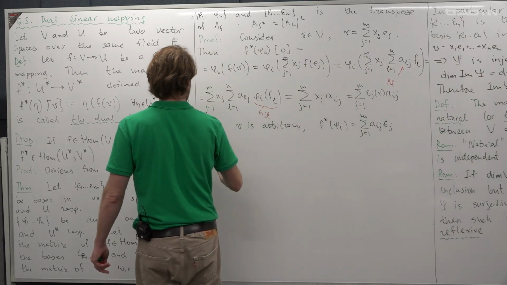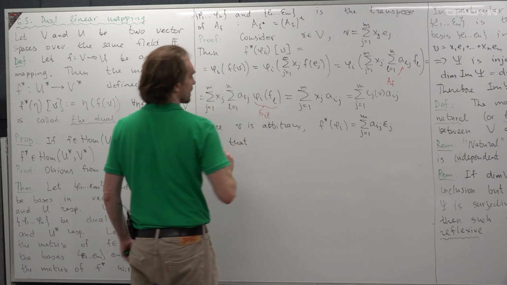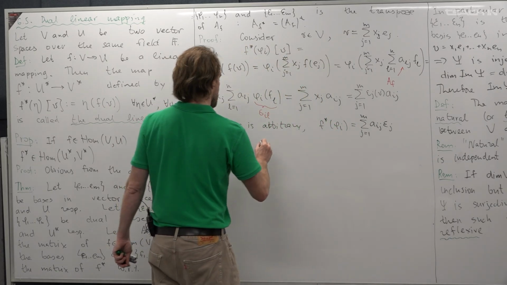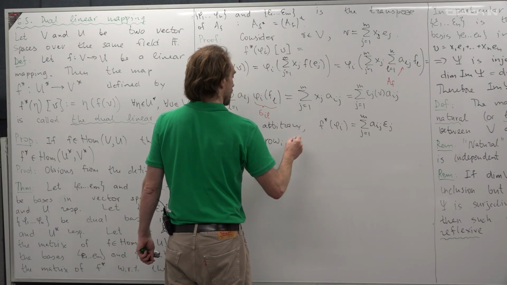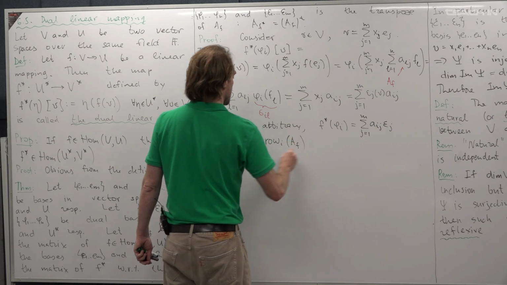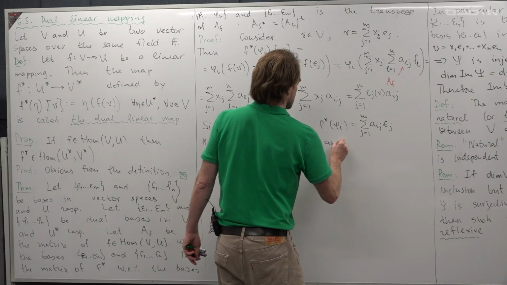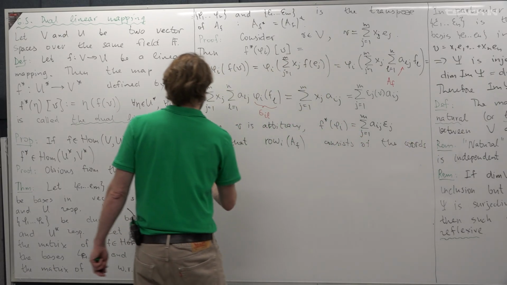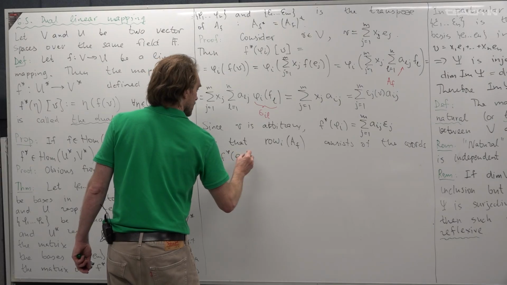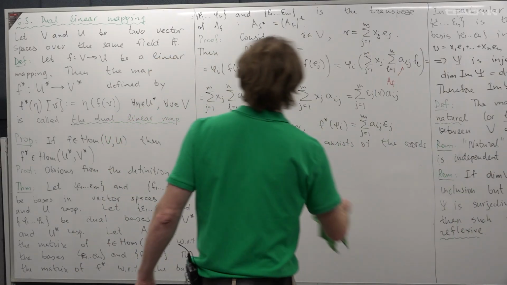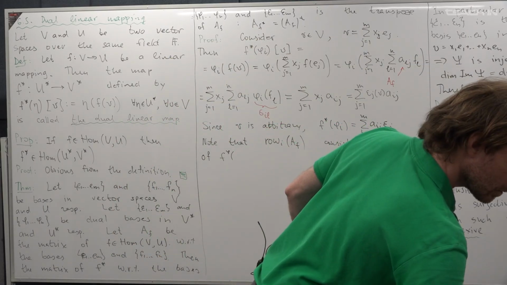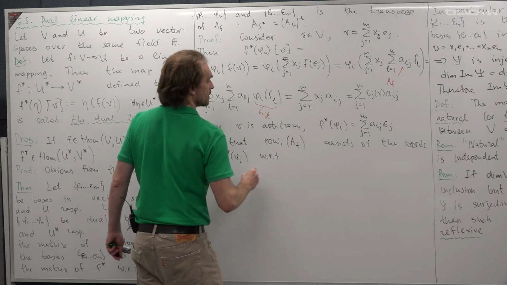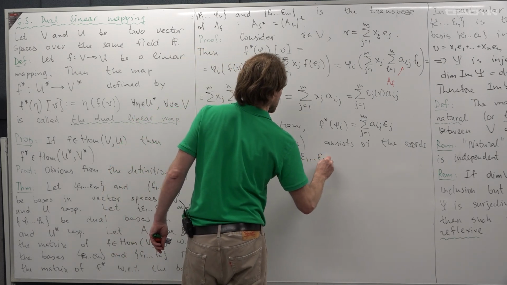But note that here the first index is fixed, so the ith row of the matrix consists of the coordinates of f star of phi sub i with respect to the basis epsilon 1, etc., epsilon m.